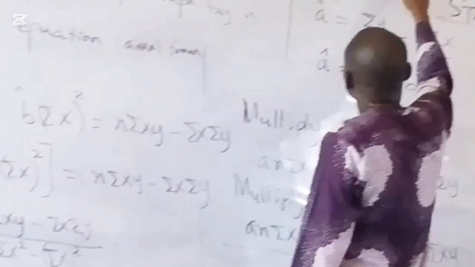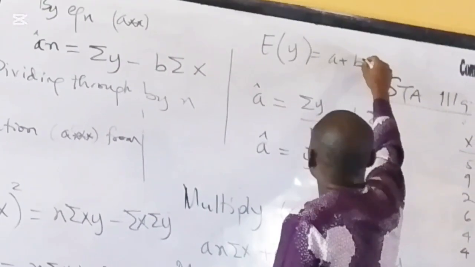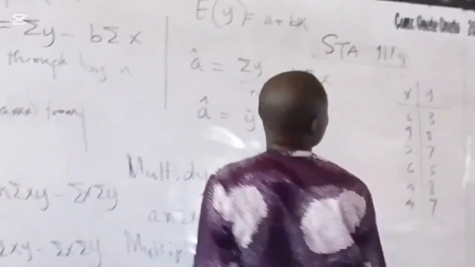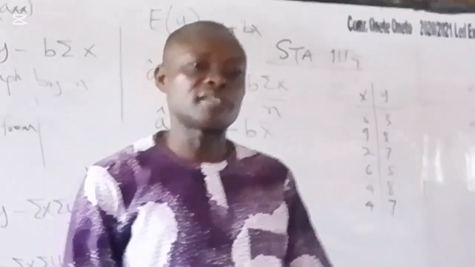The original model: expectation of y is equal to a plus bx.